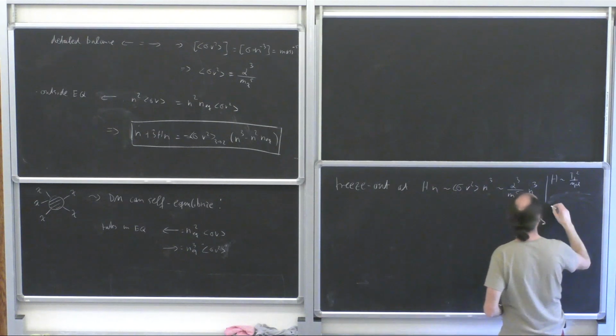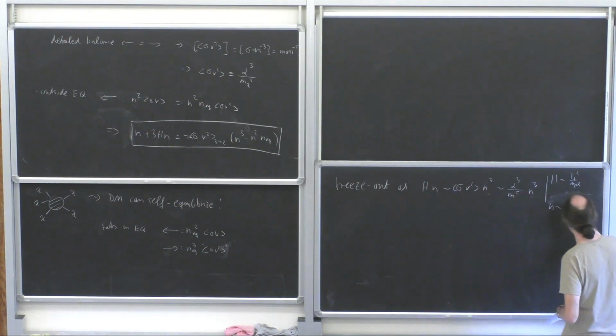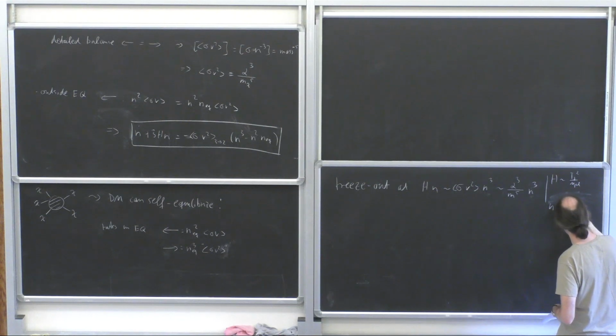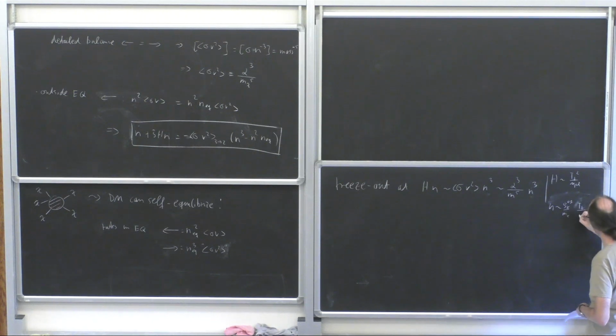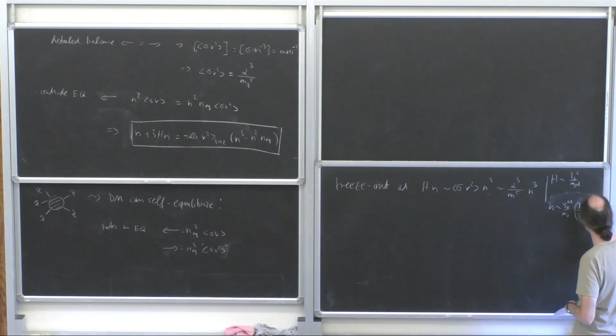Our n is, by this estimate that we always did, rho chi by m chi at equality, times T freeze out by T equality cubed.